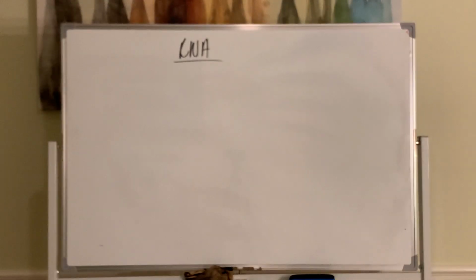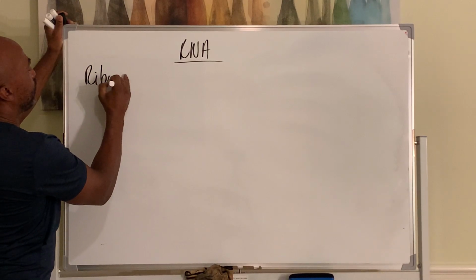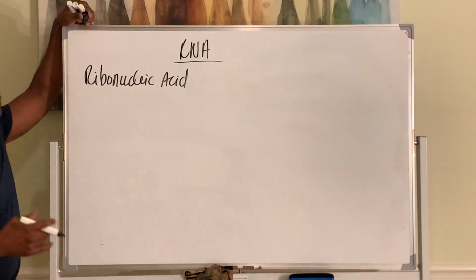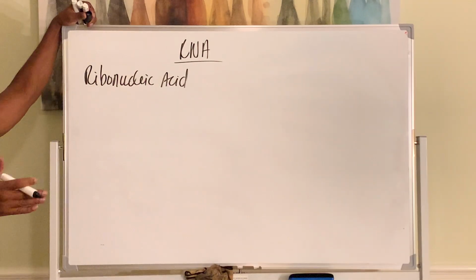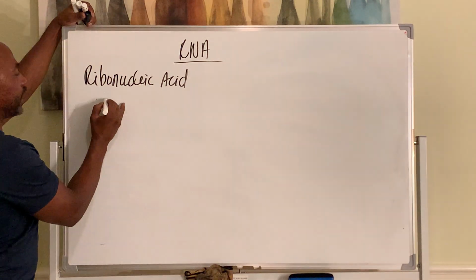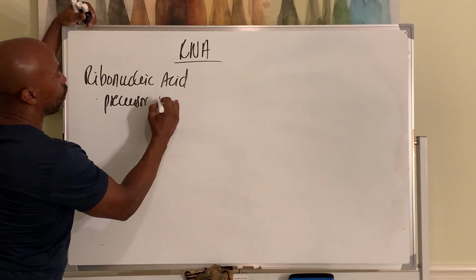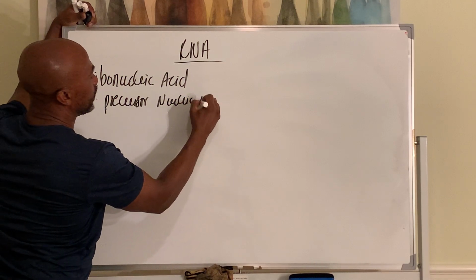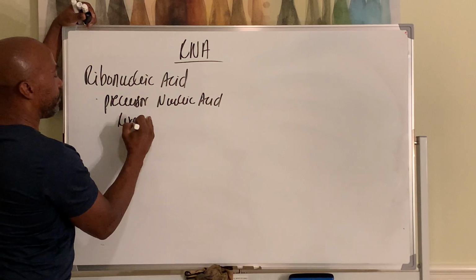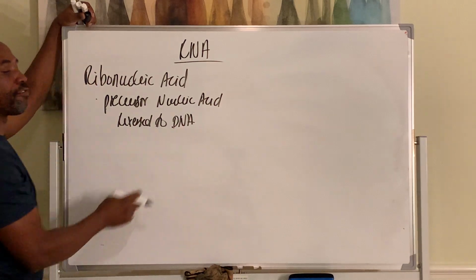Let's look at RNA. RNA stands for ribonucleic acid. All RNA in its current form comes from DNA, but RNA was believed to be the precursor, the original nucleic acid that was reversed into DNA, because DNA was a more stable form of storage.